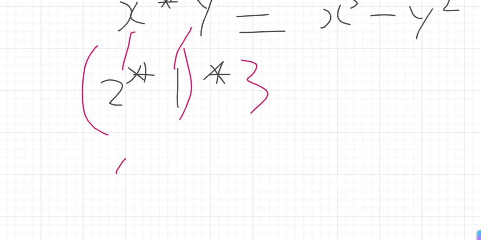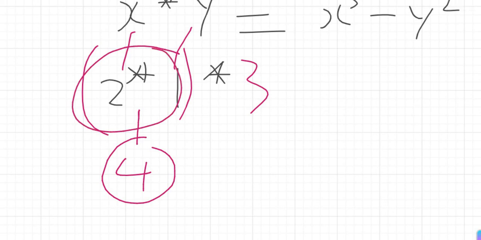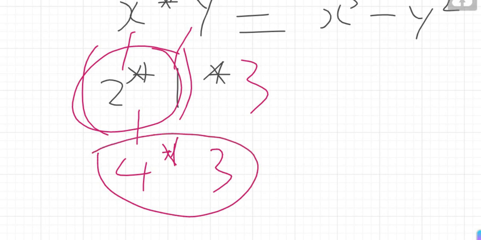Now this 4 comes from this, and so that will be cancelled out, and we are left with the 4 asterisk 3. And now we're having 2 terms, like binary, and then we just do the same: x is for x and this is for y.